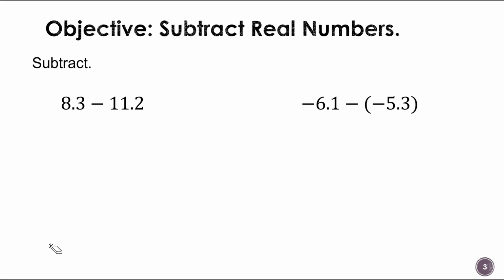Alright, so now we have some decimal numbers, and that makes it a little bit more difficult. You might have to use your calculator to figure these out. This is going to be plus negative 11.2. Now if we think of adding the opposite, the opposite of 11.2 is negative 11.2. But you can also look at this and tell that 11.2 is negative because there's a negative, or minus sign, in front of it.